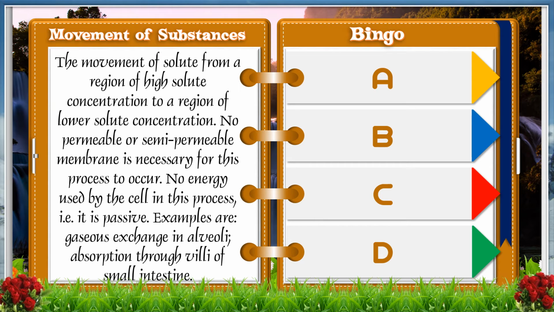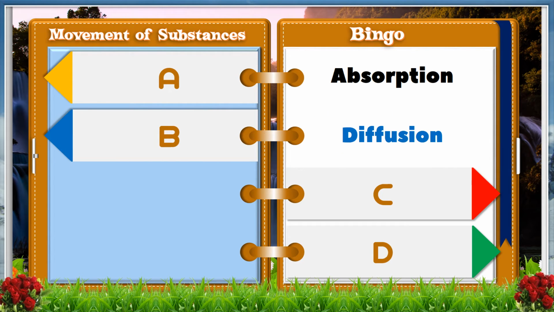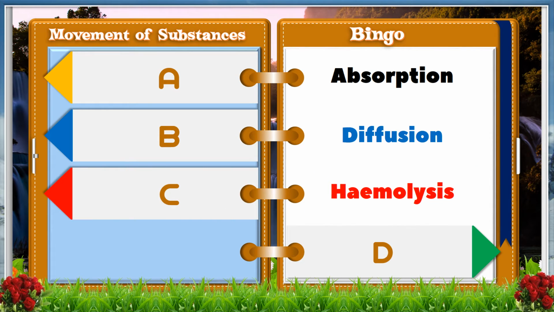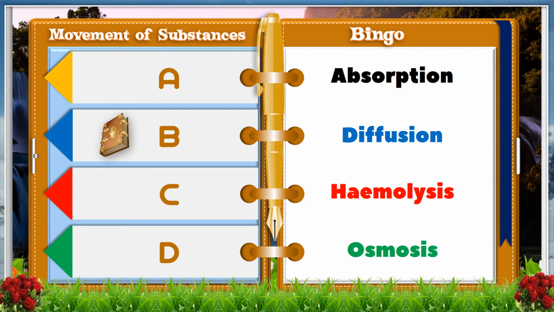Examples are gaseous exchange in alveoli, absorption through villi of the small intestine. A. Absorption. B. Diffusion. C. Haemolysis. D. Osmosis. And the answer is B. Diffusion.